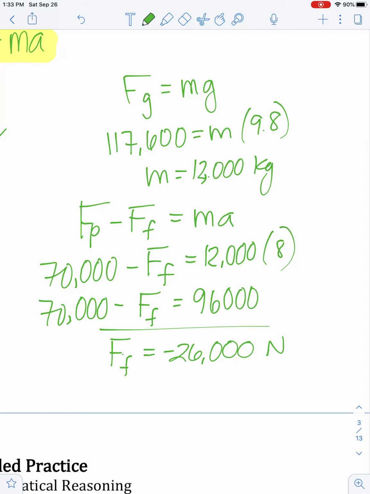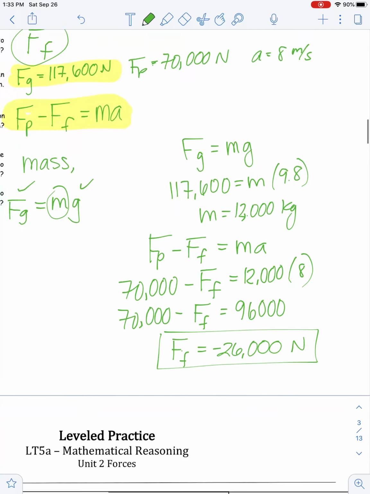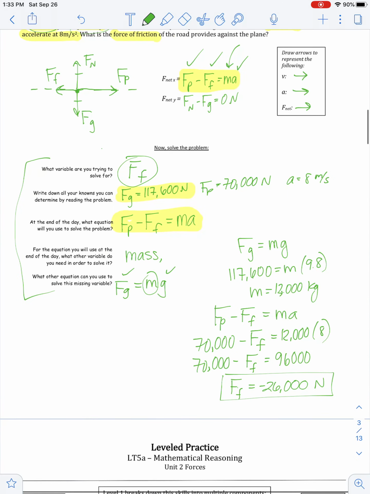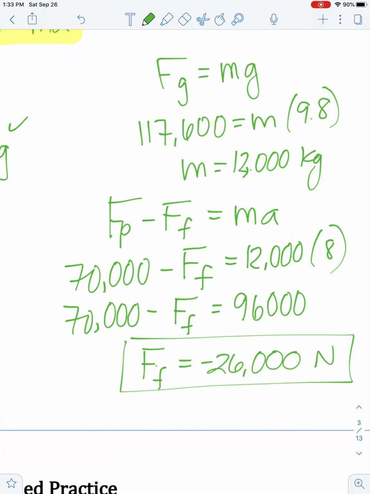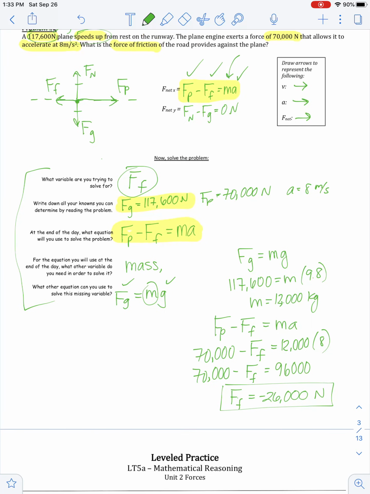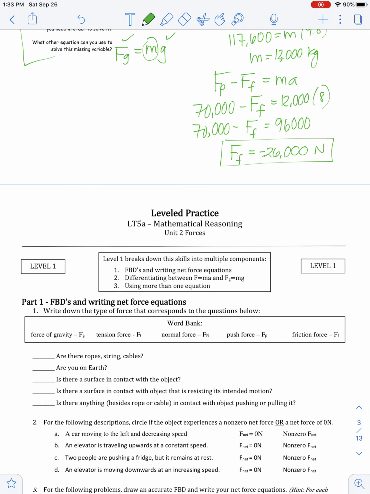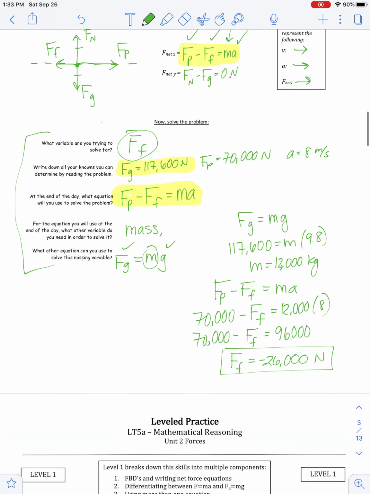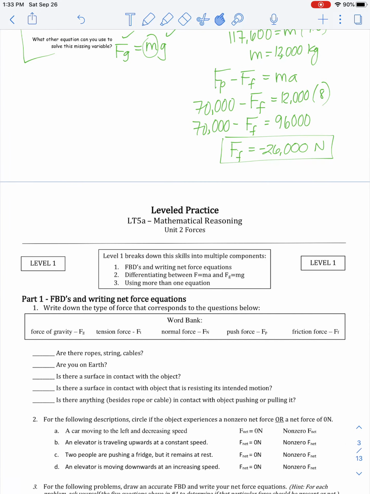I think I made a mistake, guys, when I made the problem. Let me double check my work. Do I have all my numbers right? So 117,600 divided by 9.8 times 8. Yeah, so I made up the numbers wrong, but that's okay. We'll all survive.